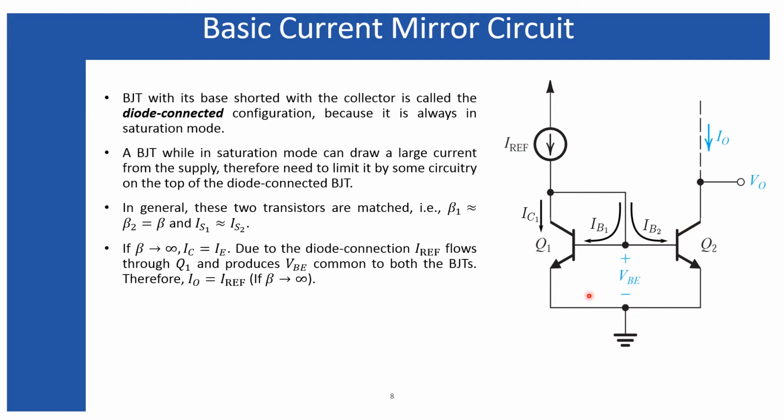So if they are sharing the common base to emitter voltage, their collector currents must be equal to each other if beta is infinite, and that is the idea behind the design of the current mirror circuit.